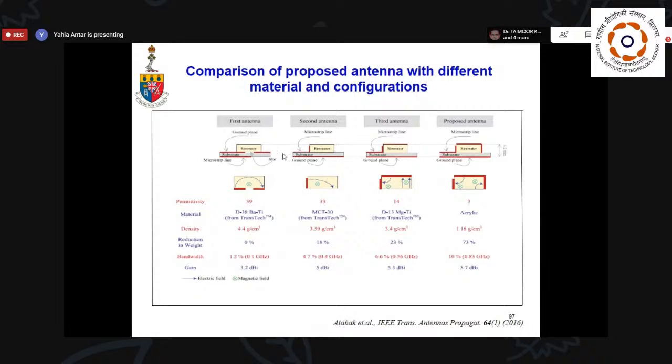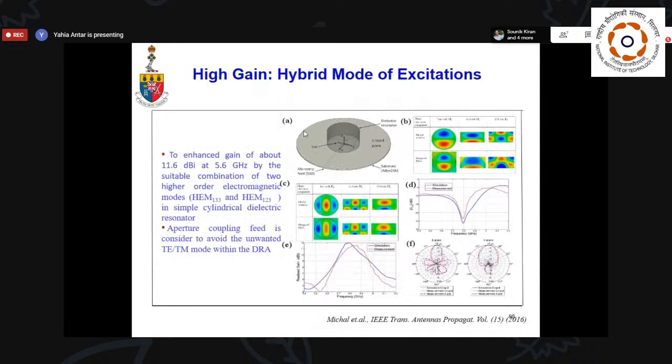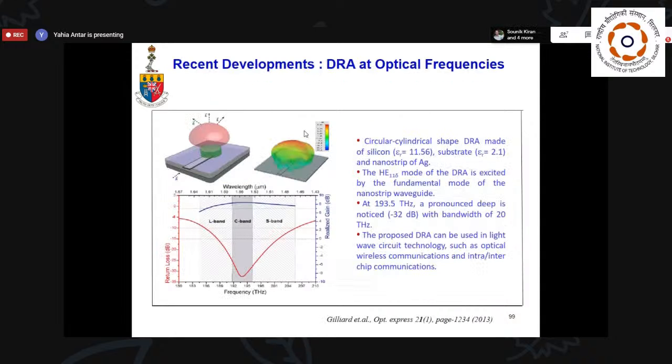What I want to end by saying is that there is quite a bit of development in DRA. There is more to learn about it, quite a bit about mode engineering, about integration with metallic antennas, and the most challenging thing, I think, would be the fabrication technique.